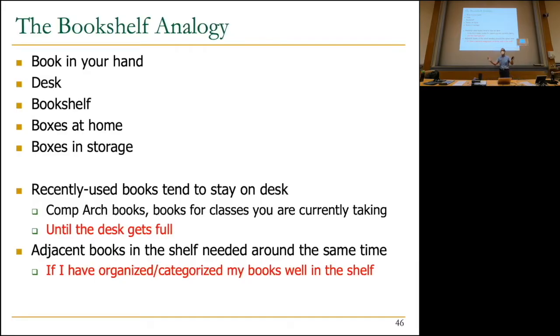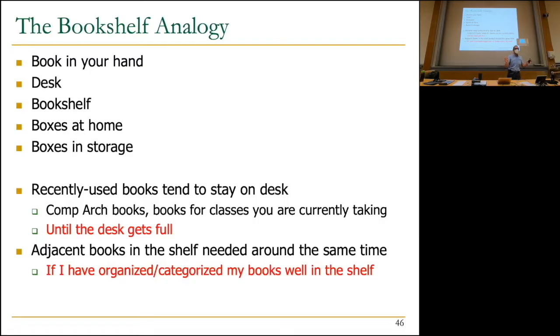So for example, let's say you have 10 computer architecture books. You put them randomly in your bookshelf. It's going to be tough to find all of them at the same time, right? If you need them around the same time, let's say. But if you organize them well, you put them around the same space, and you can get books consecutively from your bookshelf, put it on your desk. That's the spatial locality principle, right?